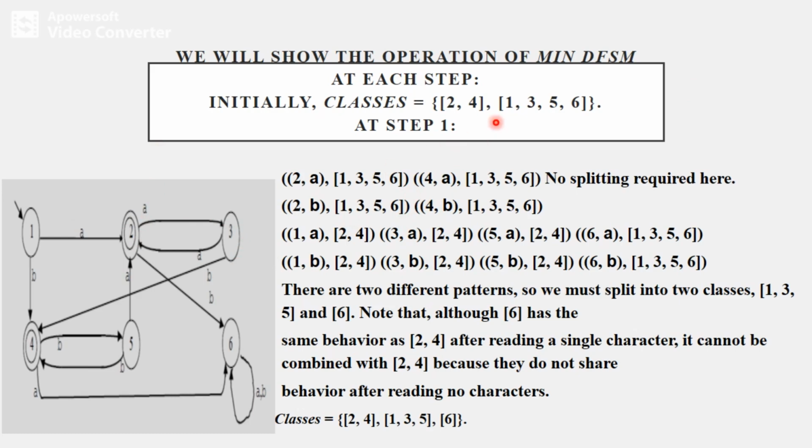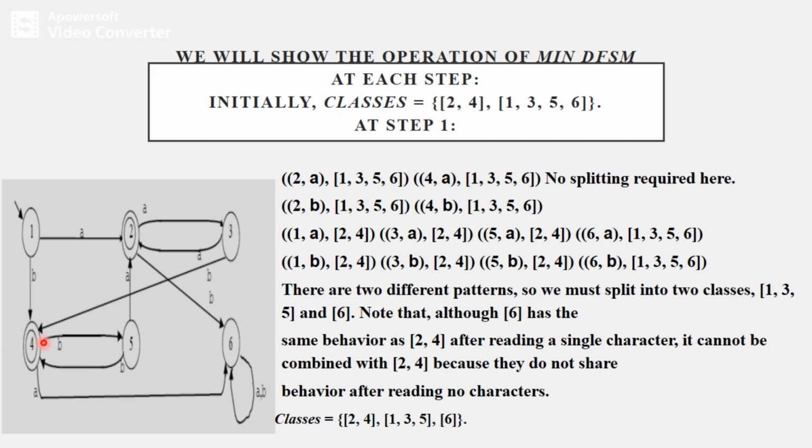So 3 belongs to the group 1, 3, 5, 6, which you have to write here. Now let's try 2 on b. 2 on b goes to 6. 6 falls in which class? Right now we have to consider this class, so 6 belongs to 1, 3, 5, 6. So we have written it here.